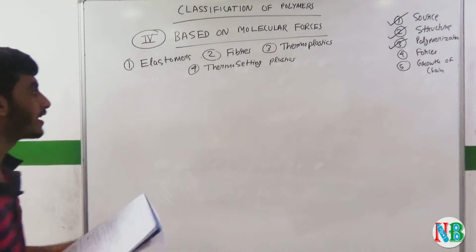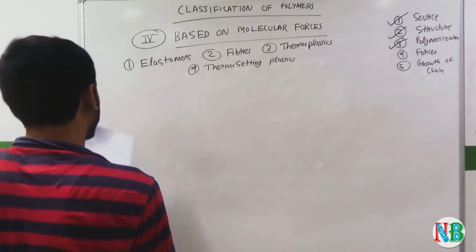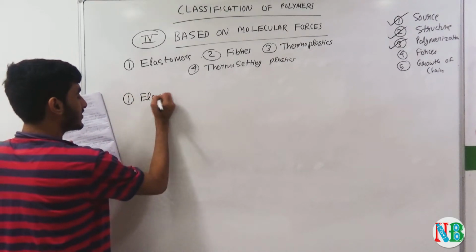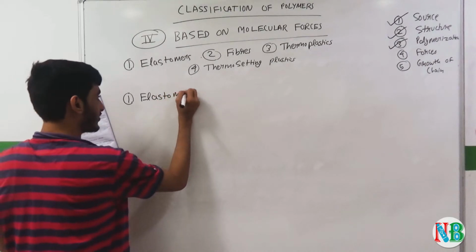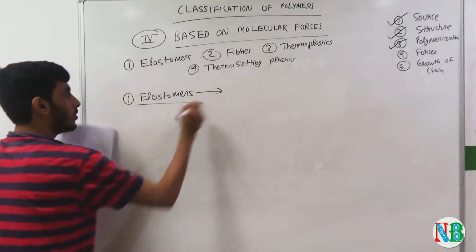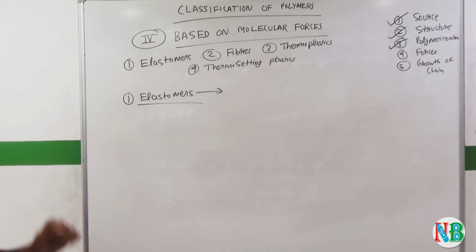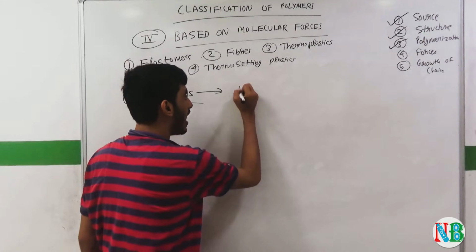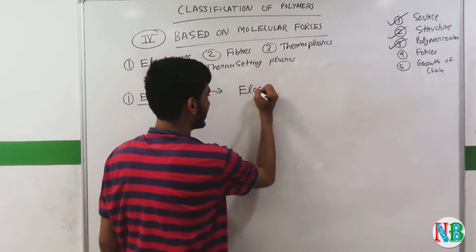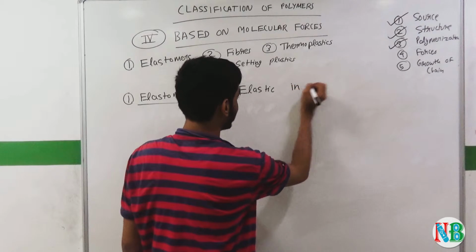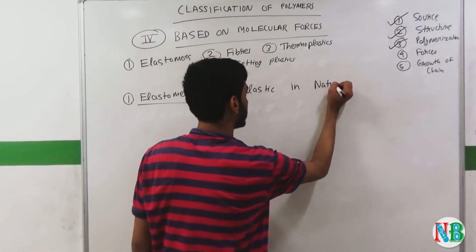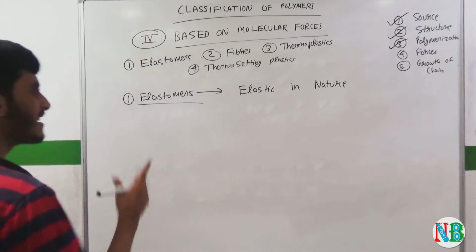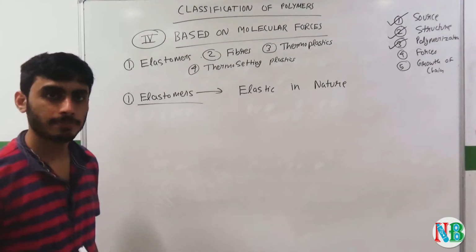So let's see how they are classified. The first section is about elastomers. As the name suggests, these substances are elastic. The best examples are rubbers.